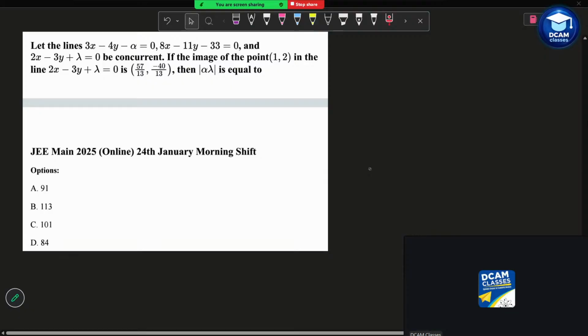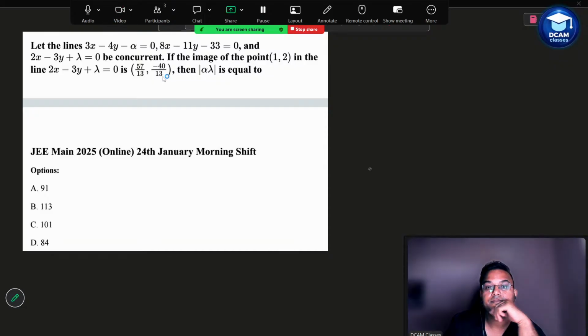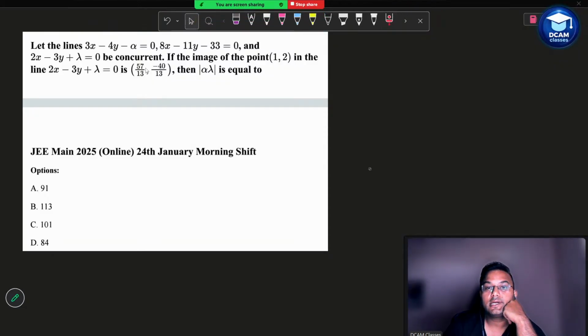Sir, I'm not getting how to find the values of alpha and lambda. Sure. See, these lines are concurrent.